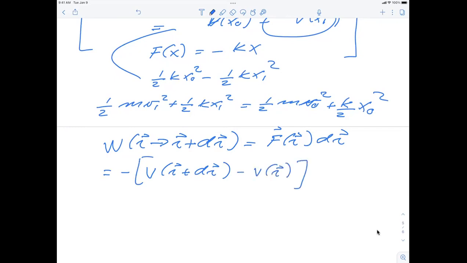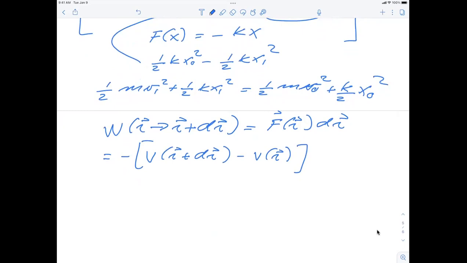Now we're going to simply rewrite the force in terms of x, y and z components. So we're going to have a vector for the force multiplied with a unit vector and multiplied with the displacement. This gives us Fy dy plus Fz dz.